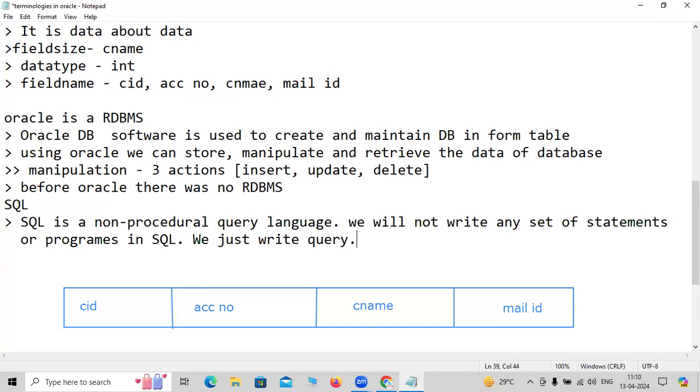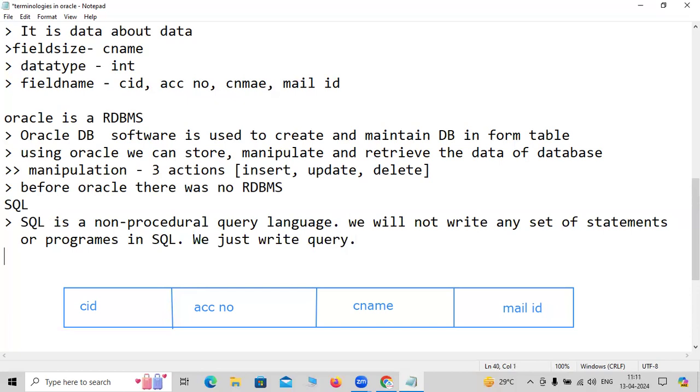In a similar way, for procedural SQL, that is PL/SQL, we write some procedures which will be executed and will produce some output. But in SQL, we do not write any instructions. We simply write a query. So this is the major difference between SQL and PL/SQL.